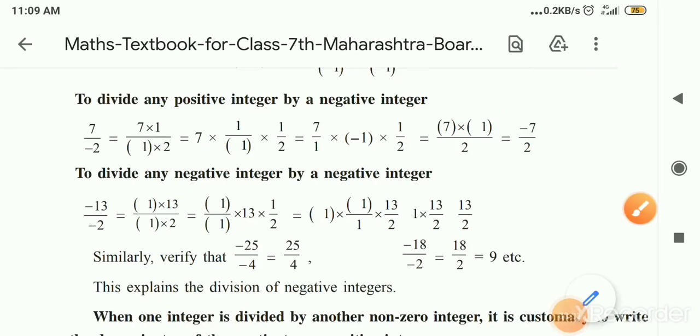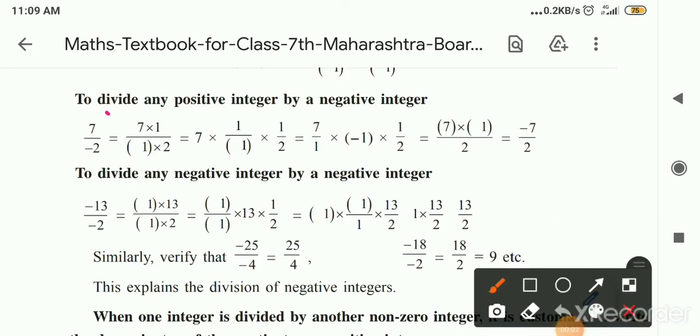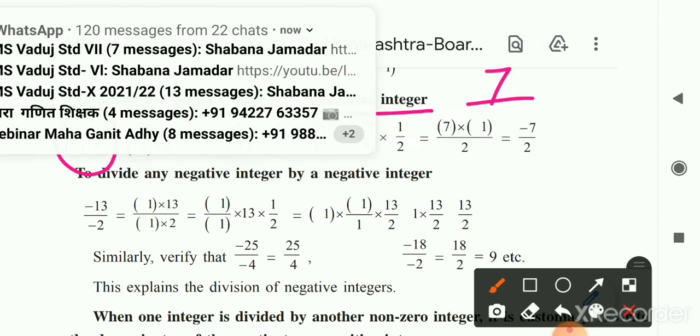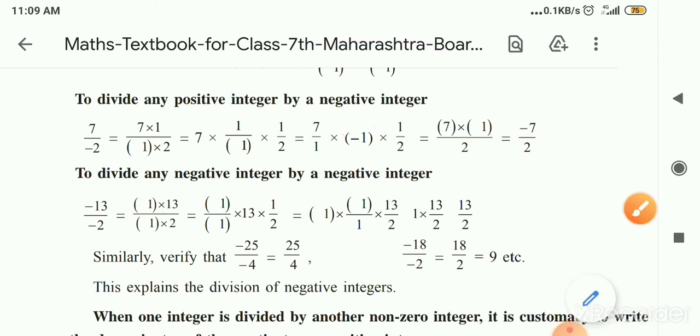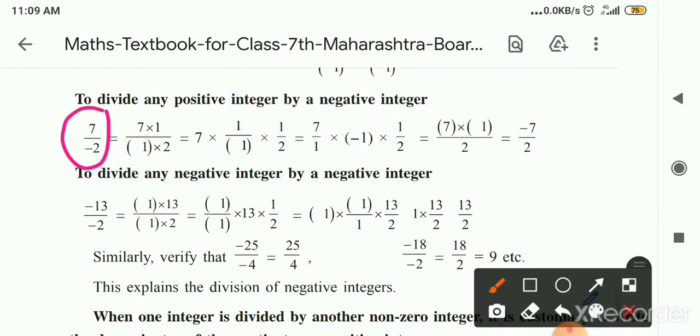So here 7 upon minus 2. We are dividing a positive integer, 7, by a negative integer, minus 2. Whenever we divide 7 upon minus 2, just check the answer.